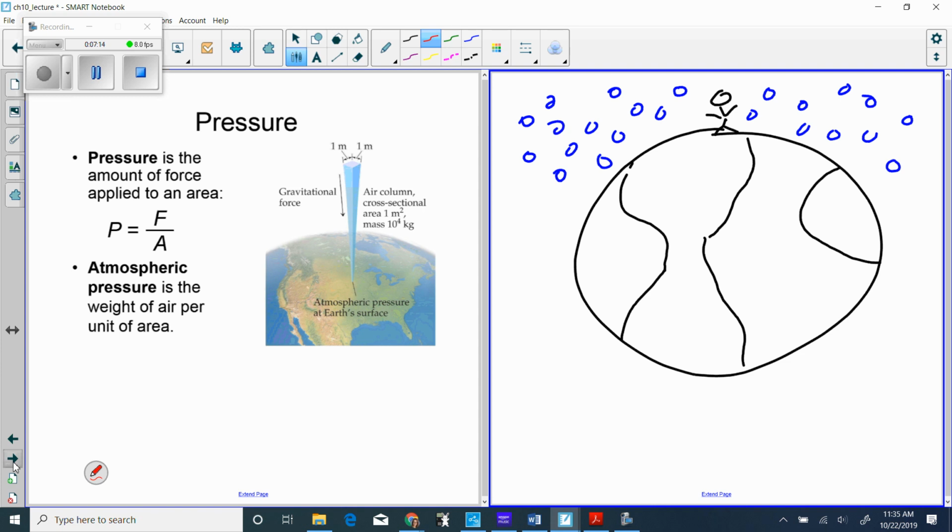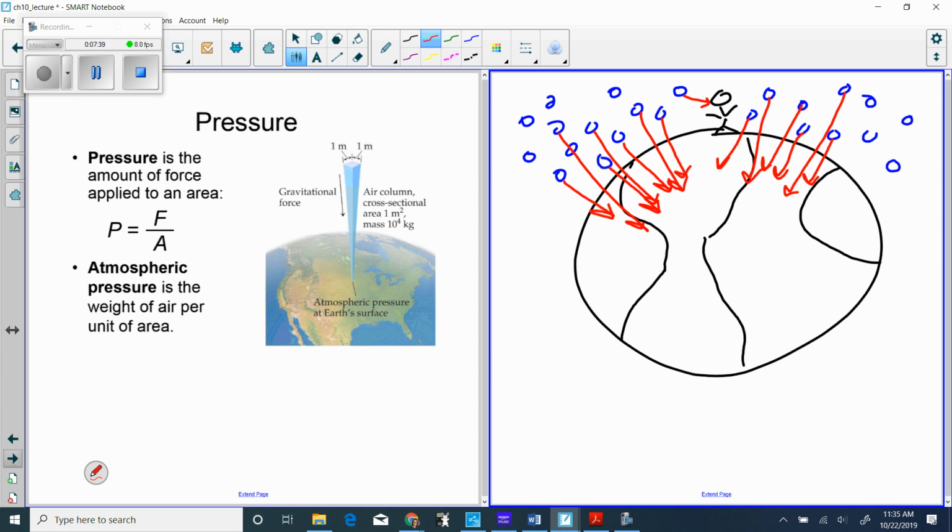Sorry. The atmosphere is full of gas particles. How many gas particles? They are all getting pulled to the center of the Earth because of gravity. Gases, even though they're little and they're far apart, still have a mass to them.